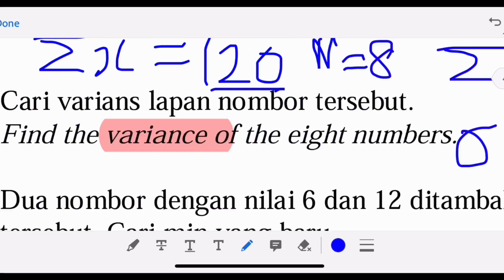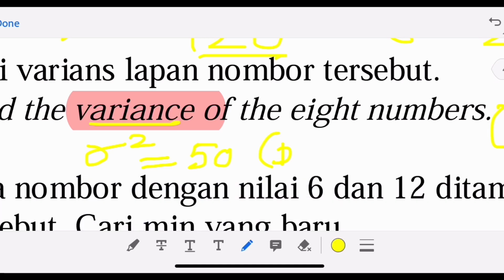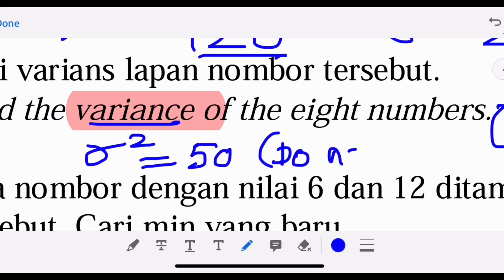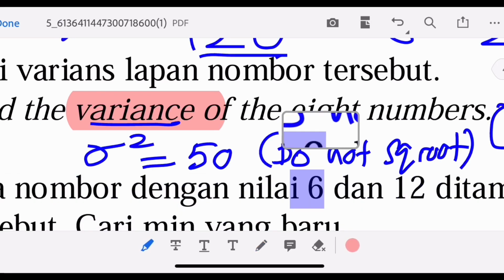Okay, your answer must be variance. Remember, this is how you write the variance. So the answer is 50, and please bear in mind, do not square root the variance because once you square root it becomes standard deviation. Alright, so that is the answer for variance.